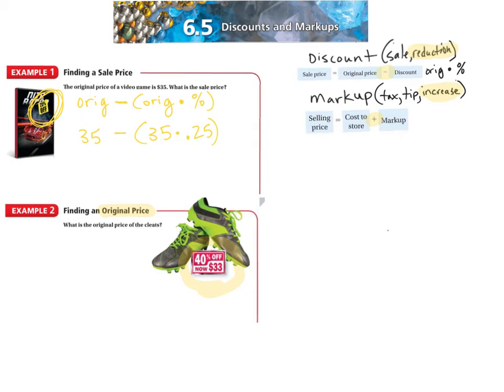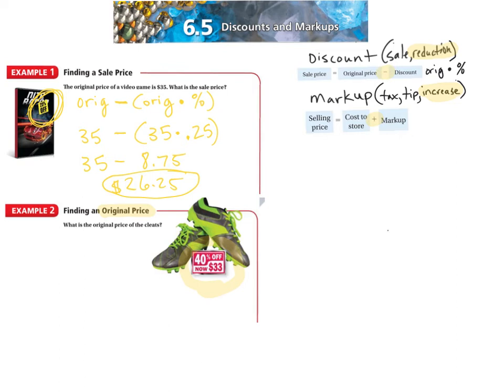And that's $8.75. So now I have 35 minus $8.75 and plug that into my calculator, and I get $26.25. So the $26.25 is the sale price. So it was $35, and now you're getting $8.75 off, right?